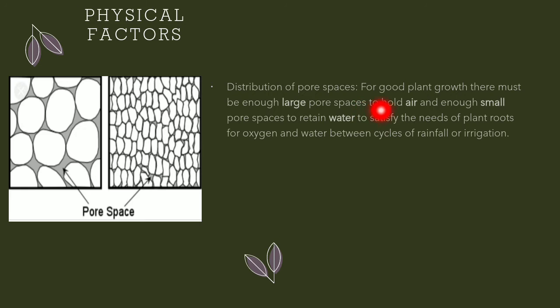For good plant growth there must be enough large pore space to hold air and enough small pore space to retain water. Large pore space to hold air and small pore space to retain water, to satisfy the need of plant roots for oxygen and water between the cycle of rainfall and irrigation.